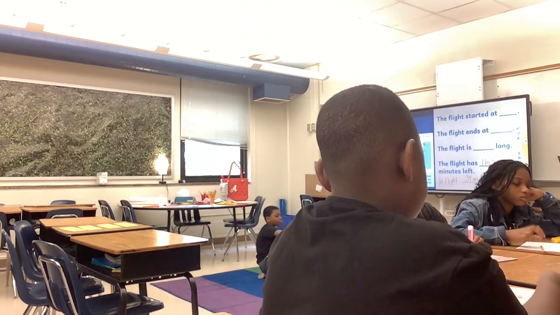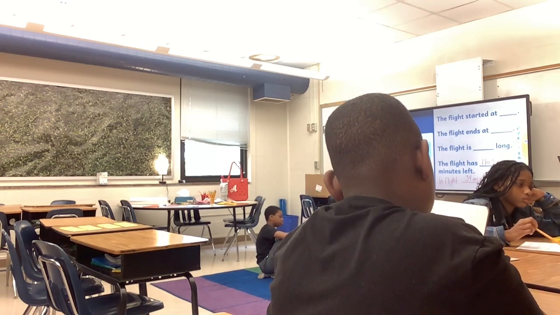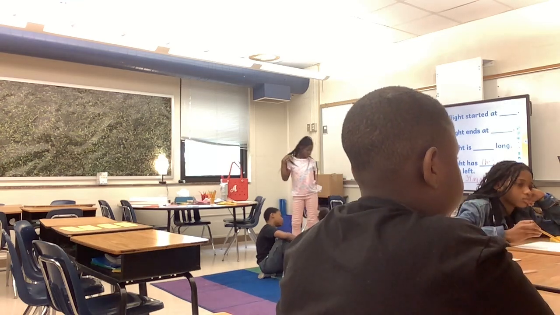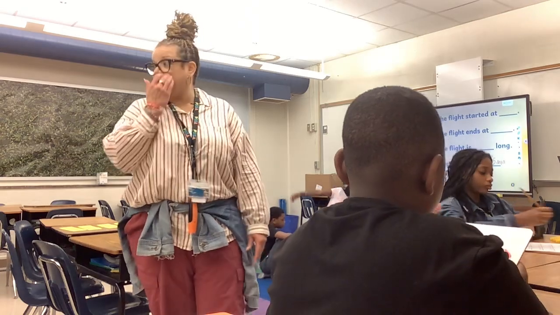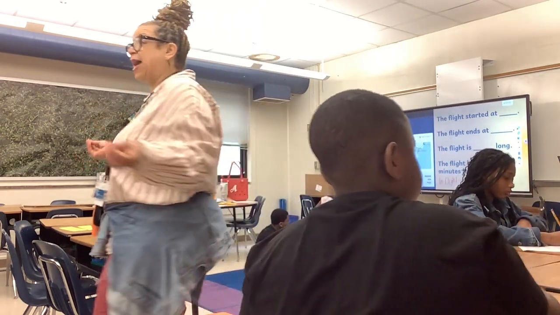There's 1 hour and 5 minutes left. So when you put those two times together, yes, you got that part correct. That is the total flight time. So since that is the total flight time, can you now come up with the time that it starts and ends?